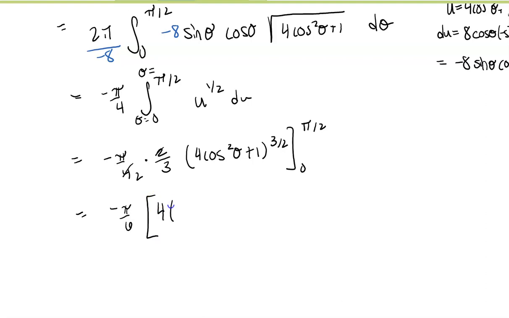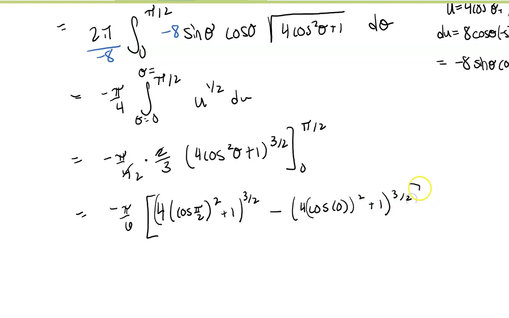Here I will have 4 times cosine of pi over 2 squared plus 1, and that's all raised to the 3/2 power, minus 4 cosine of 0 squared plus 1 raised to the 3/2 power. So cosine of pi over 2 is 0, meaning this first one is 4 times 0 squared plus 1 raised to the 3/2 power.